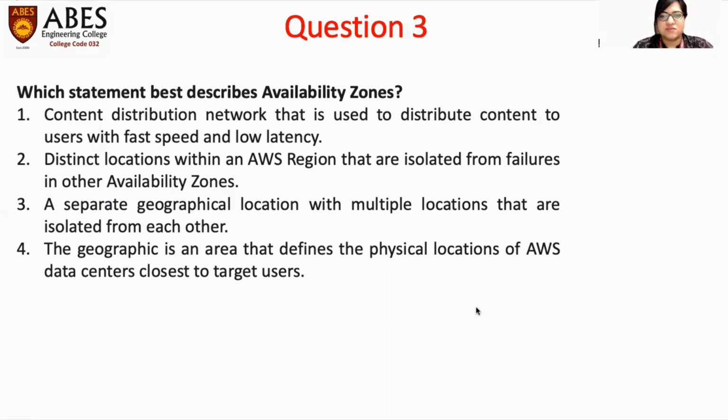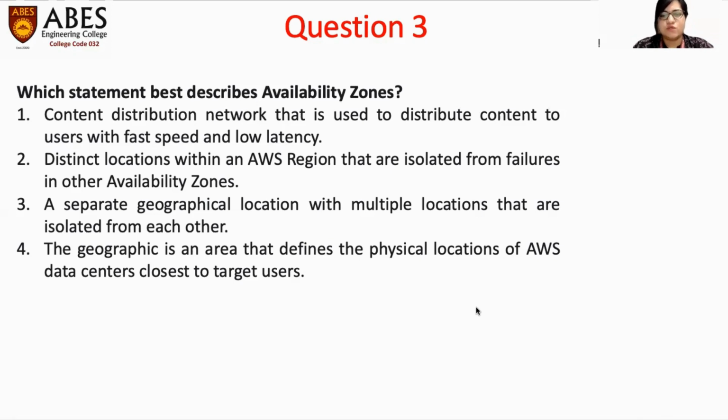As you know, an AZ, that is an availability zone, is a physically separate data center within an AWS region. Each AWS region is composed of multiple availability zones which are designed to be isolated from failures in other availability zones. The isolation provides fault tolerance and high availability for applications and services deployed over the cloud. By distributing resources across multiple availability zones, you can protect your applications from the impact of a failure in a single zone.